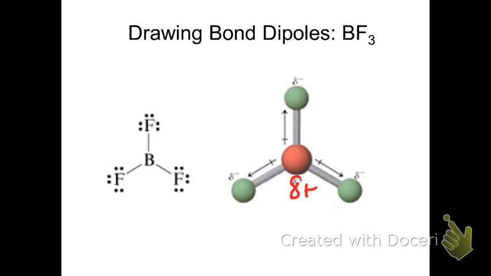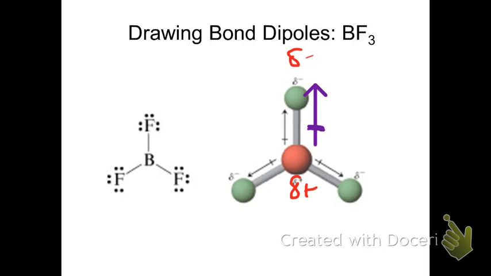This is delta plus, this is delta minus. You draw from the delta plus to the delta minus. So I'll draw a bigger one here. Here's a bond dipole. Okay, and just because it's simply an arrow, and of course arrows can be reactions in chemistry, we want to make sure everybody knows it's a bond dipole, and so we put this little horizontal line through it so people see that.